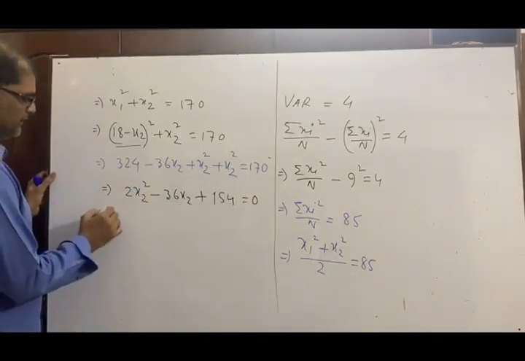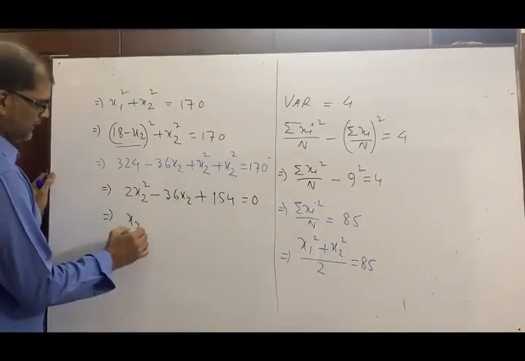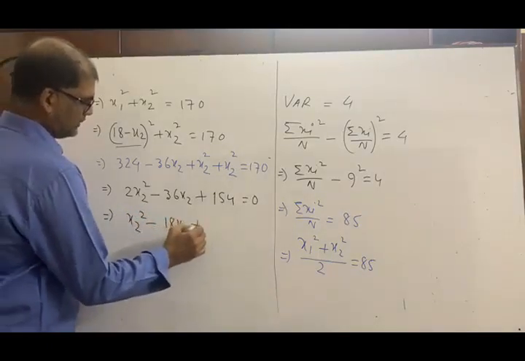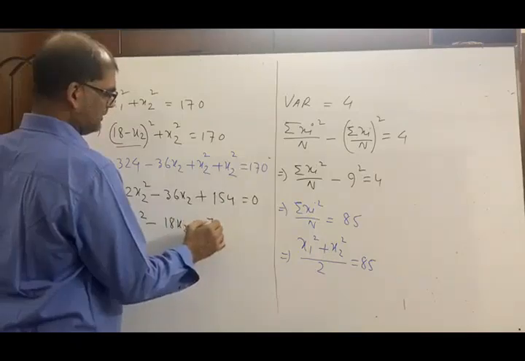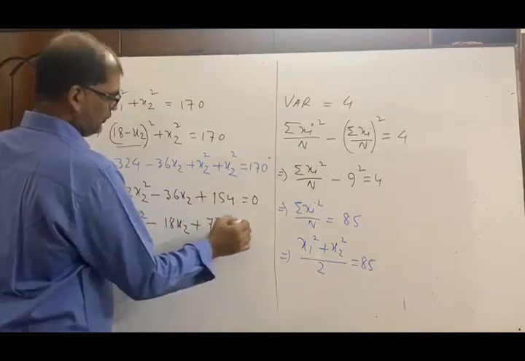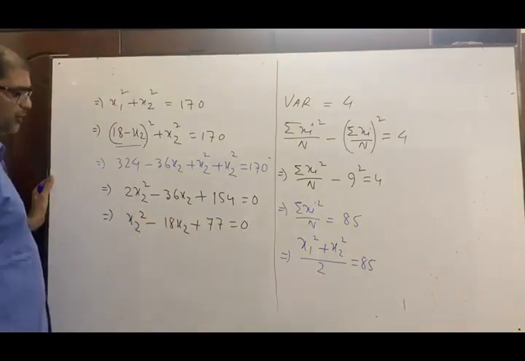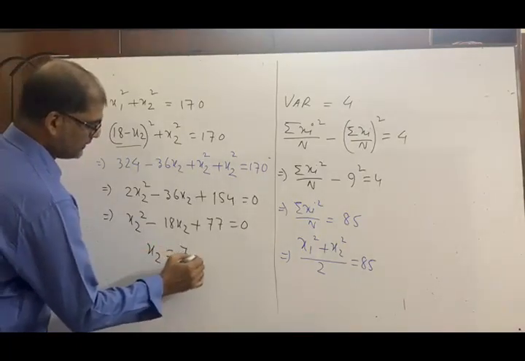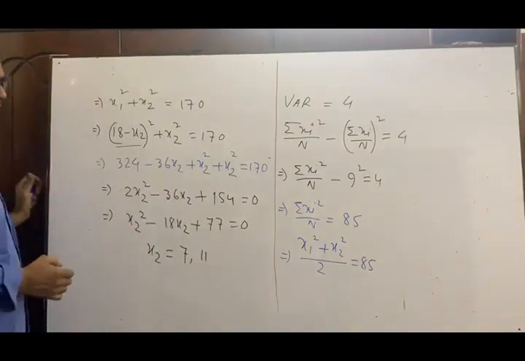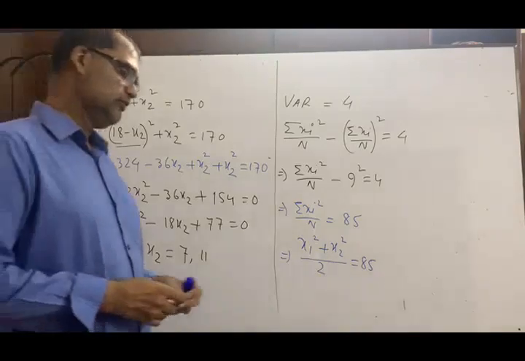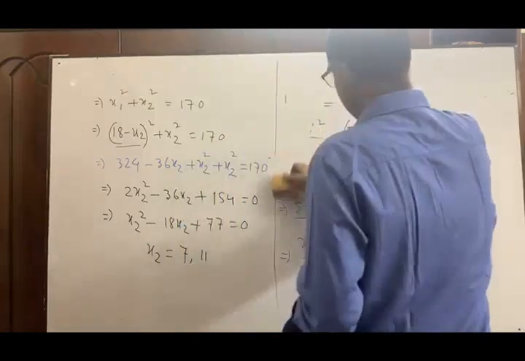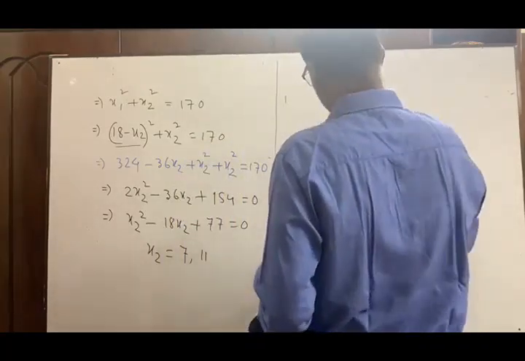Now divide by 2: x2 square minus 18x2 plus 77 equals 0. So from here, if you calculate, you will get x2 equals 7 or 11, by factorizing, and it is very easy for you to determine.